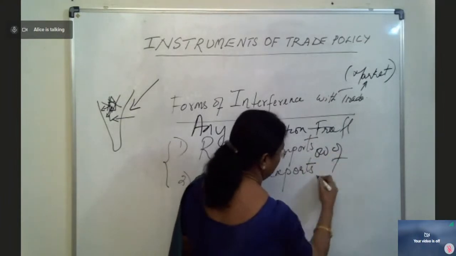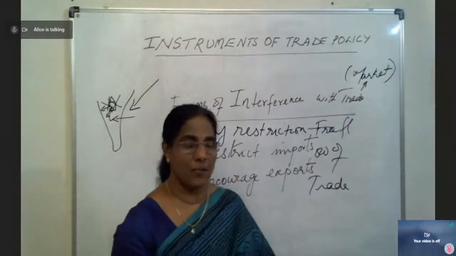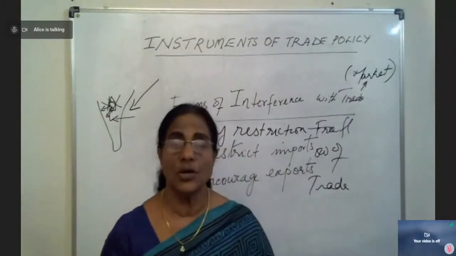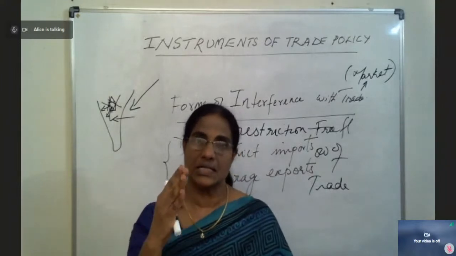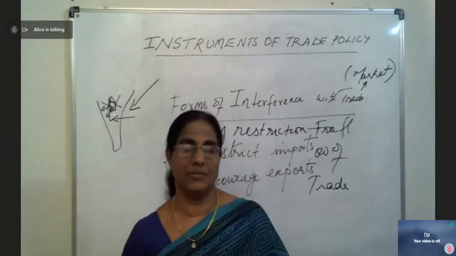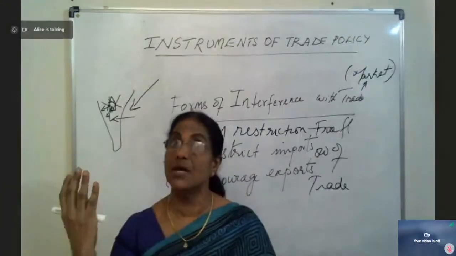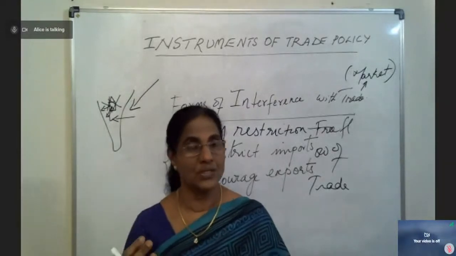Free flow of goods and services from our country to other countries, and from other countries. That is a trade barrier. It can be rules, it can be regulations, it can take many forms.